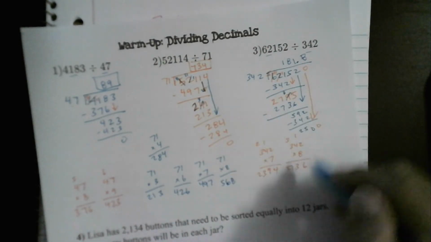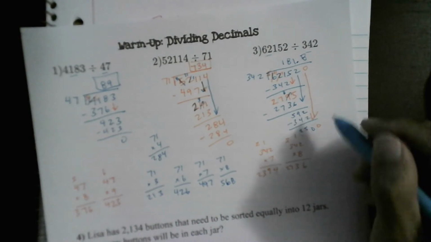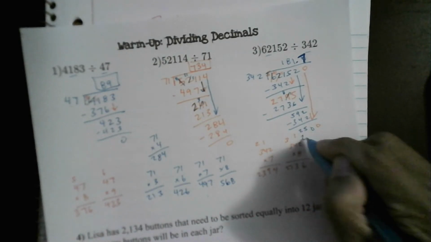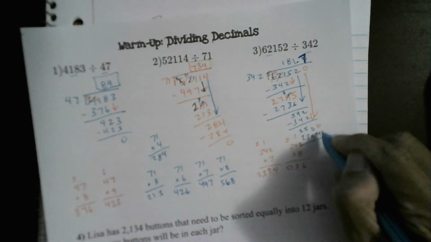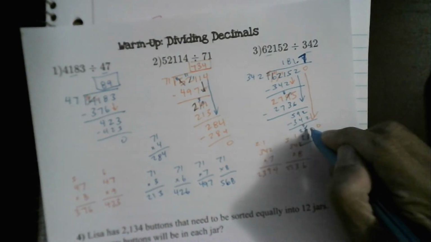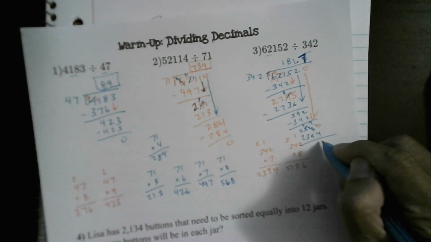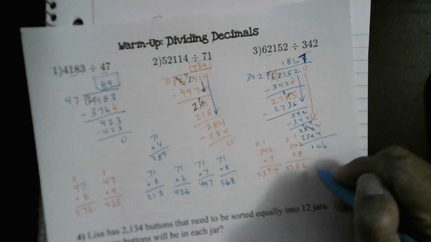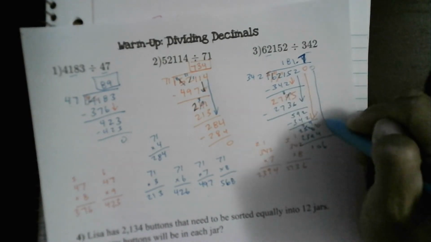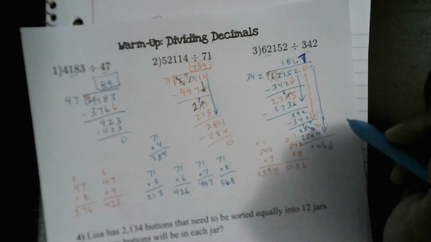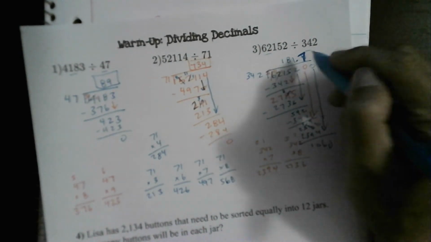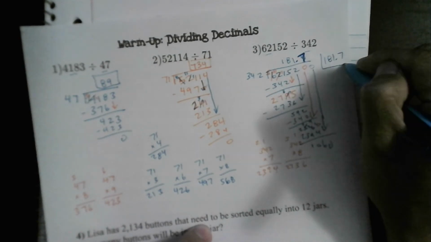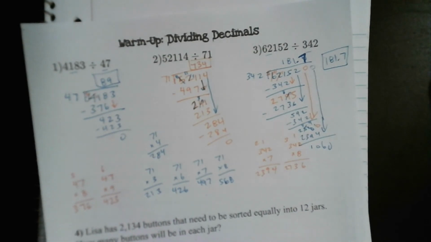Oh, sorry, 7, not 8. Times 7 you got 2,394. You got to borrow. That leaves us with 4, 10, 9, 10. 10 minus 4 is 6. 9 minus 9 is 0. 4 minus 3 is 1. 2 minus 2 is 0. 106. You have to add another 0 and bring that down. You're going to have to keep going for a while, so we're just going to round it off right there. So our answer is going to be roughly 181.7.